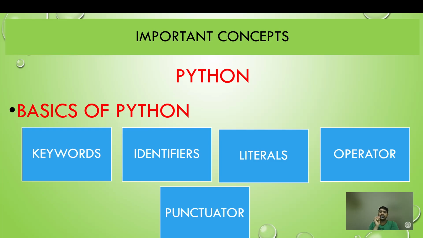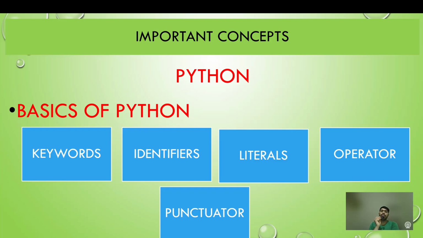The arithmetic operator is used for performing arithmetic operations. The logical operator is used for logical operations, and the relational operator is used for comparing values. The membership operator checks the presence and absence of values, and the identity operator checks the address of a particular variable.